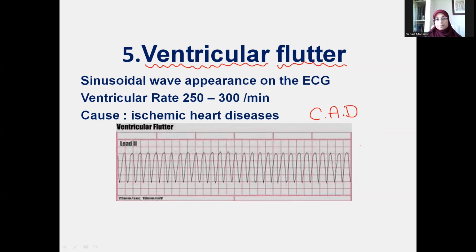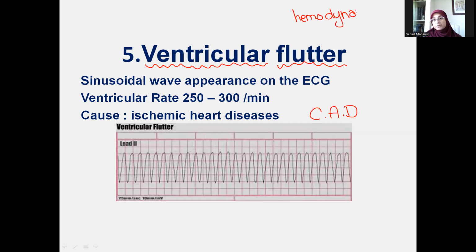reaches the myocardium. Ventricular flutter is a serious condition because the problem is in the ventricles themselves. When the ventricles themselves are beating at a rapid rate, then there is no protection, and this rapid rate will result in hemodynamic inefficiency.